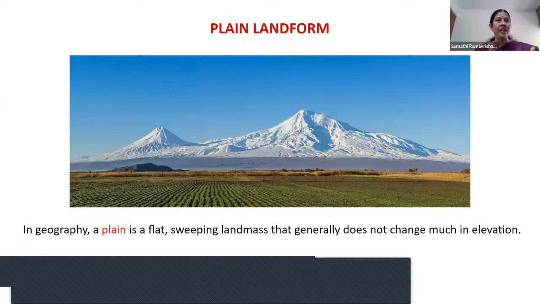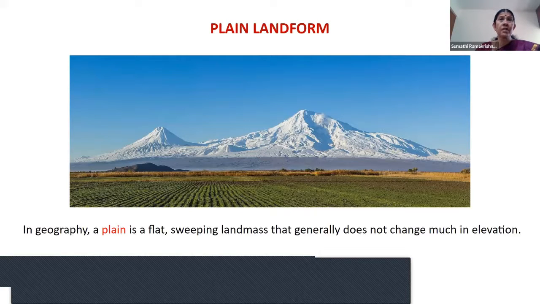You can just define it as 2 types, inland plain and coastal plain. Inland means no sea and other things, it's inside. Coastal plain is the area near the coast. This much is enough for class 5 or 4, whatever it is. We need not go more into theory when we talk about the types of the plain landform.